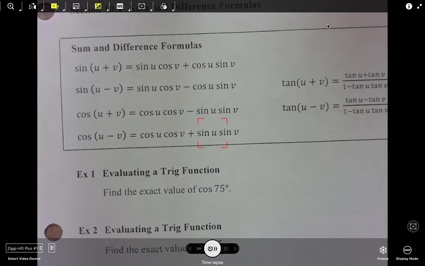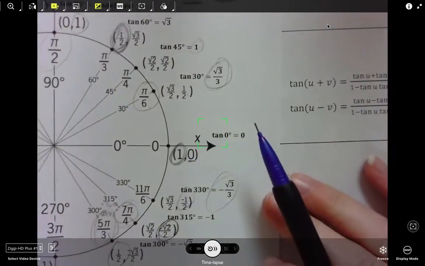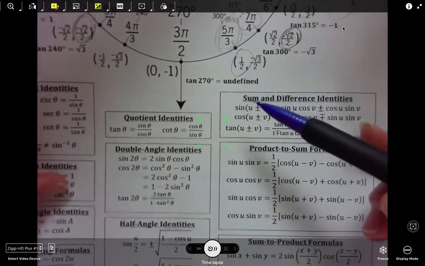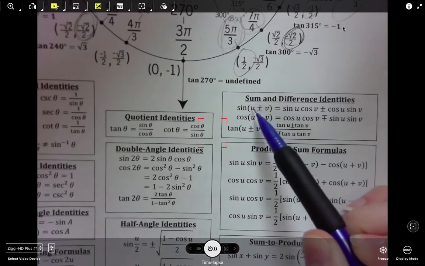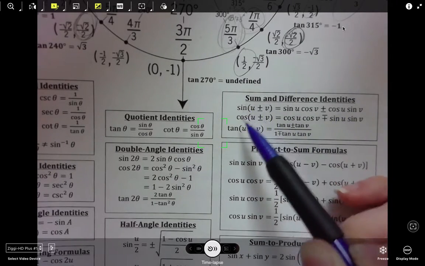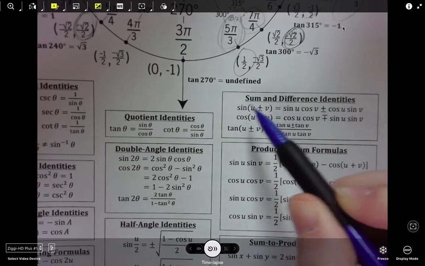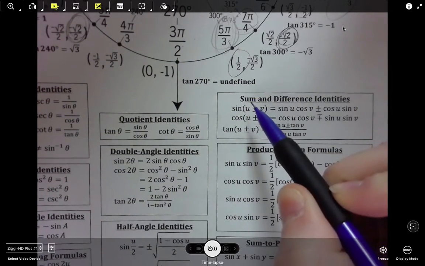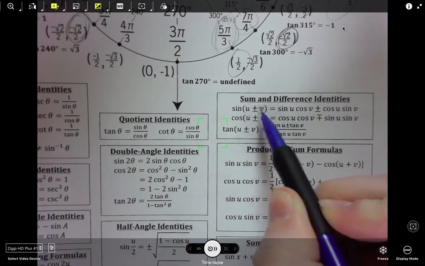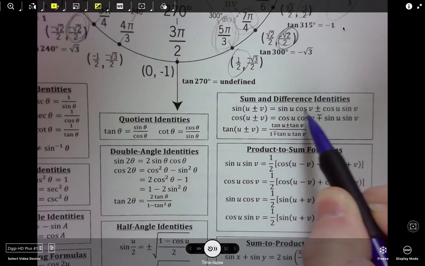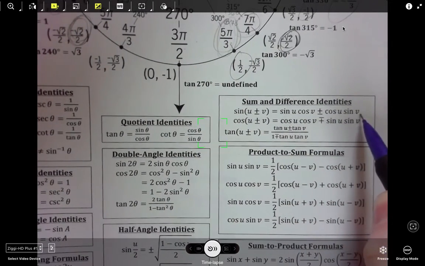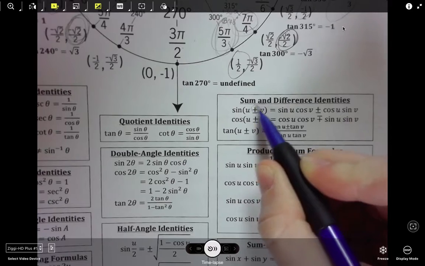If you look on the unit circle that I have here, instead of writing sine of u plus v as one formula and then sine of u minus v, I've condensed them down into just one formula. So if you're doing sine of u plus v, that's sine of u cosine v plus cosine u sine of v. If you're doing the plus here, you do the plus here.